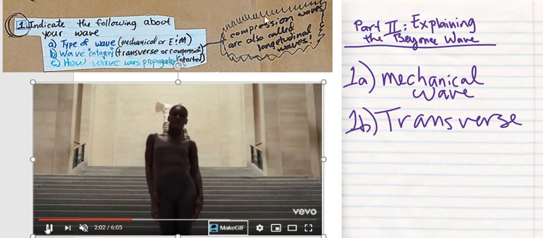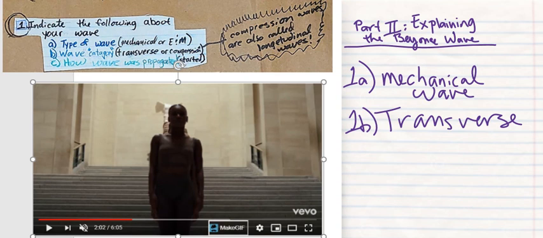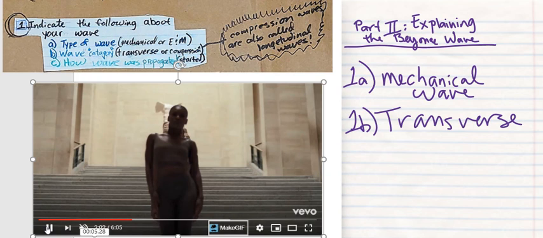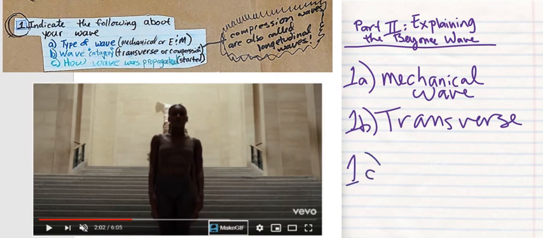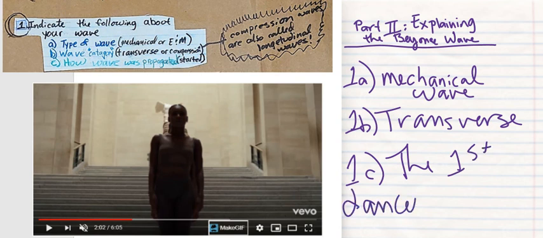Okay, and then how was the wave propagated? How was the wave started? Well, let's take a look. If you look, this lady in front started it. So it was started by the first dancer, and I'm going to do the symbol for perpendicular.